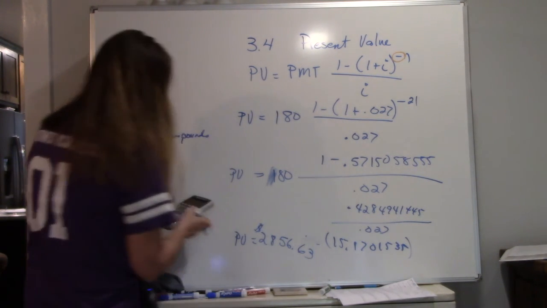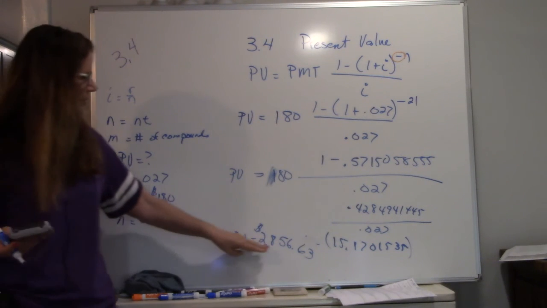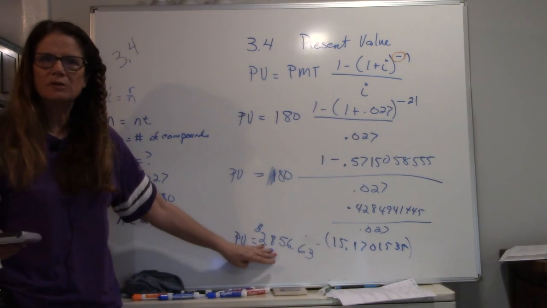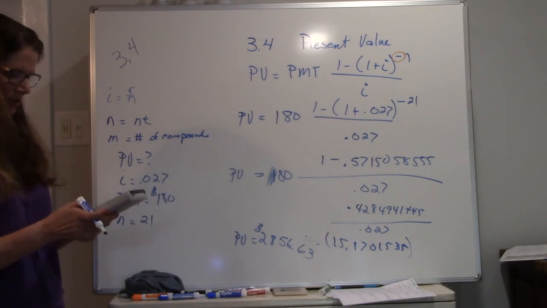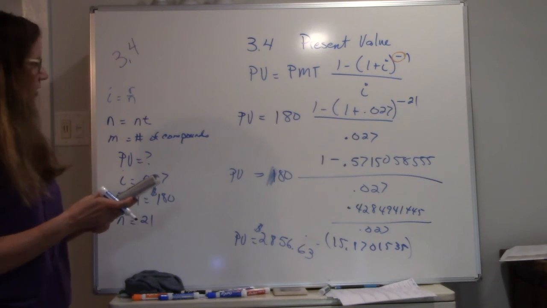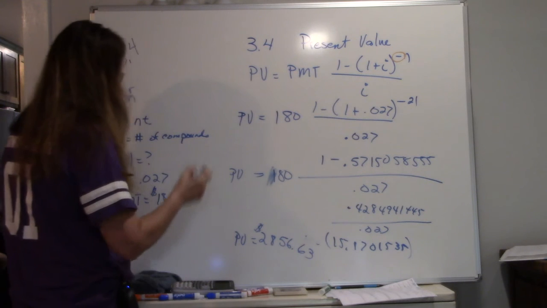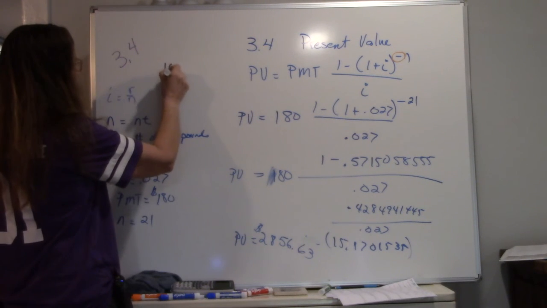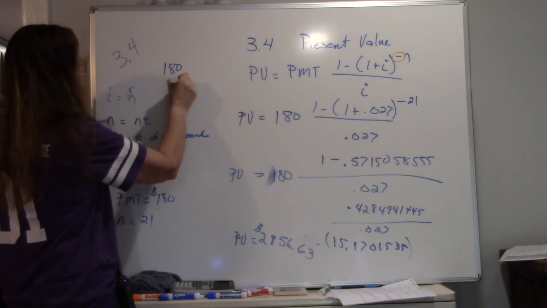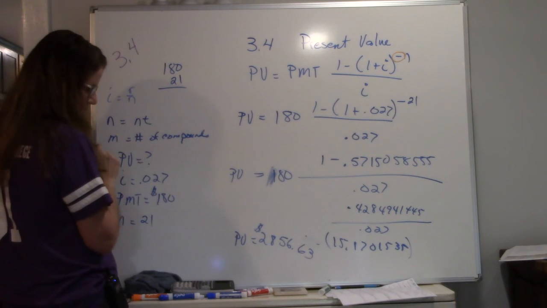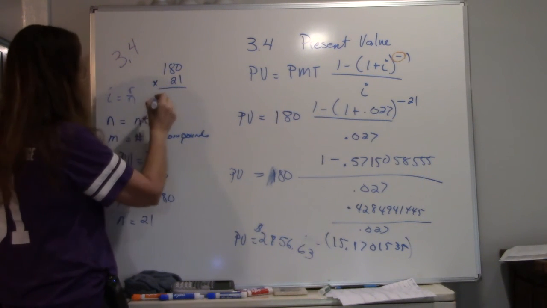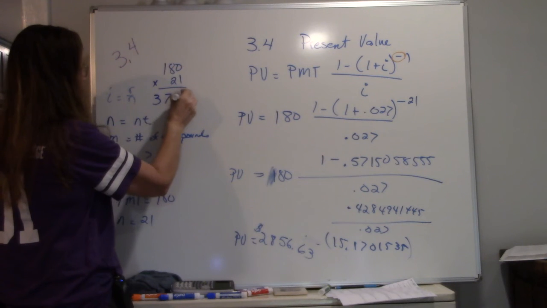2856.63. So what that means is this is how much I can borrow. If I know my payments are $180 times 21, here's what I'm doing: I did 180 times 21 because that's how many payments I've made, and I get 3,780.